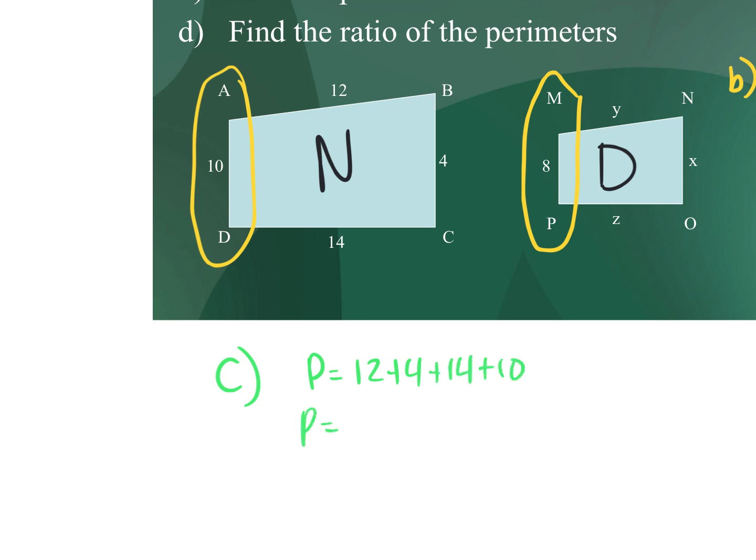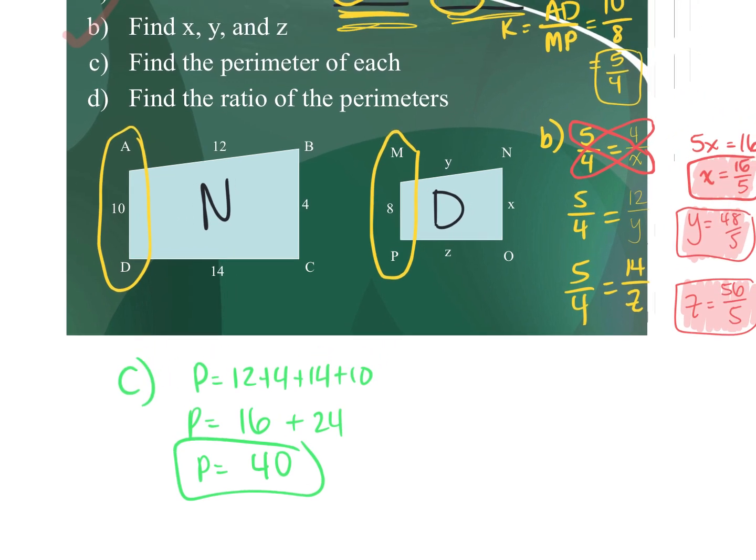What's 12 plus 4? 16, right? And then 14 and 10? 24. 16 and 24, my perimeter is? 40. It's 40 units.